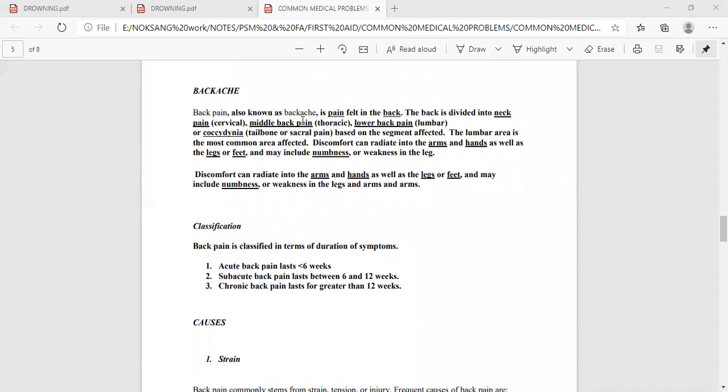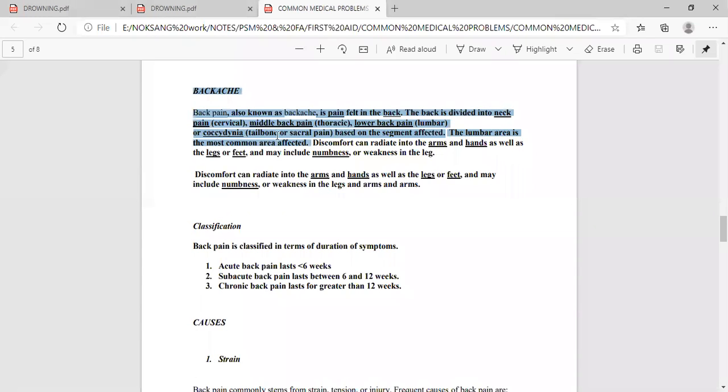So back pain is felt in three regions: the cervical region, the thoracic, that is the middle back pain, and the lower portion, the coccygeal back pain. You can write till here.